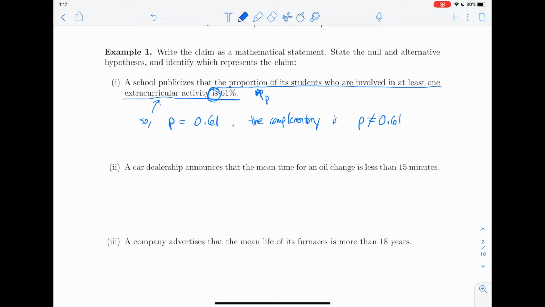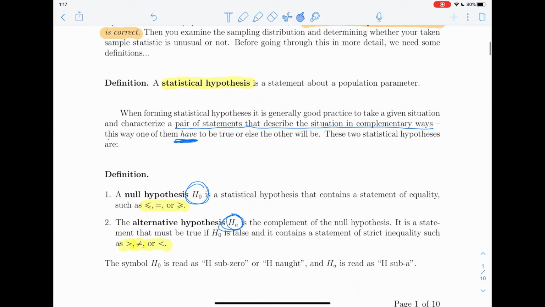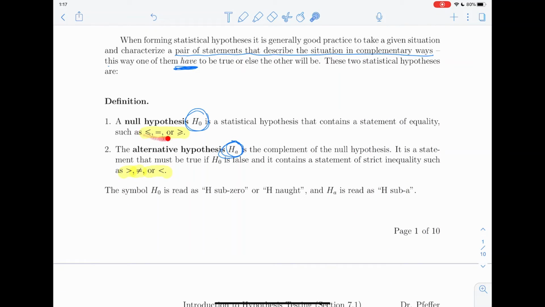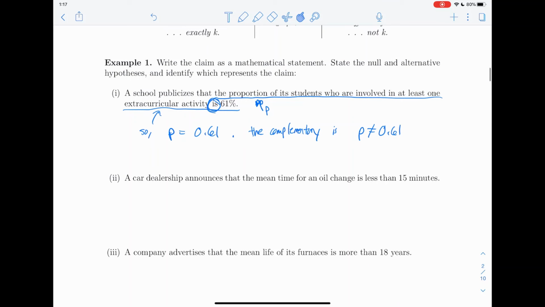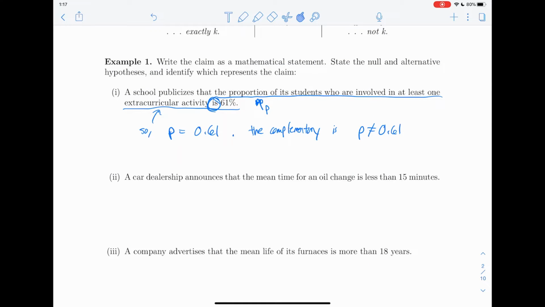But remember that the null hypothesis, by our definition, if we come back up here to the definition, the null hypothesis, H0, always contains equality. So the minute you write out what the math version of this English statement is, we know that H naught, the null hypothesis, is always going to be the one that contains equality, and then the one that doesn't contain equality is going to be the alternate hypothesis.